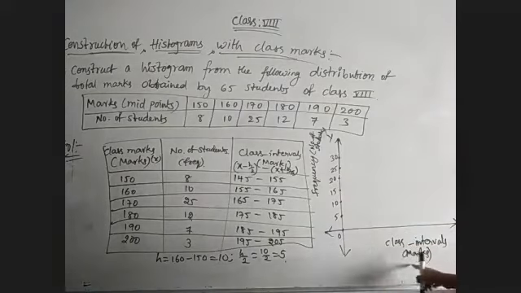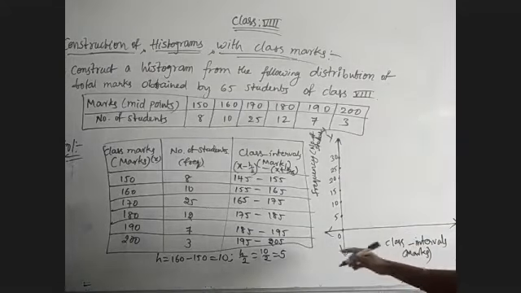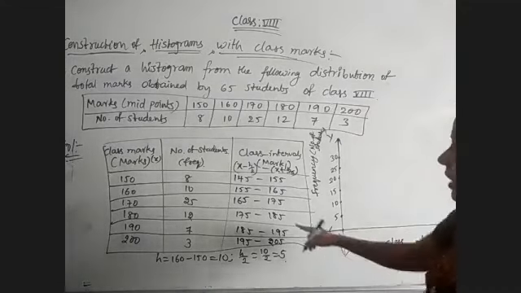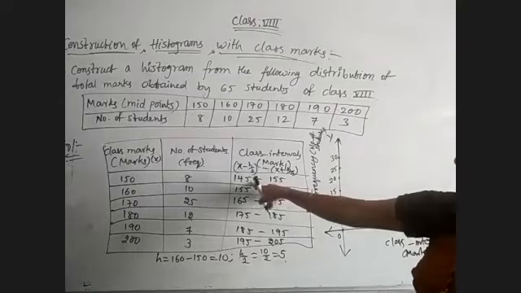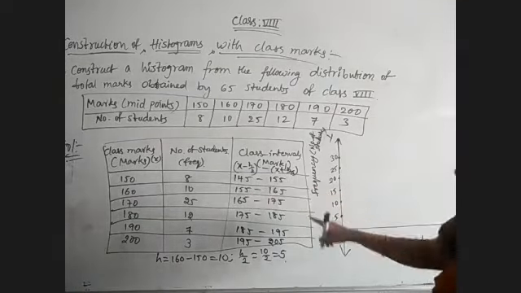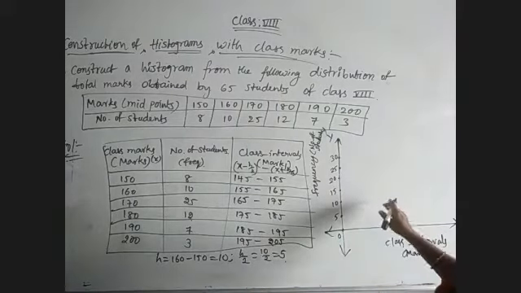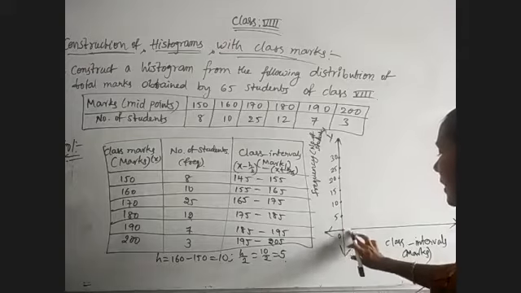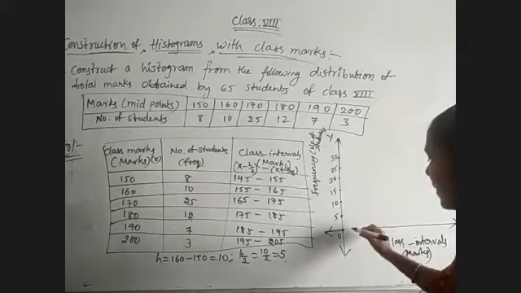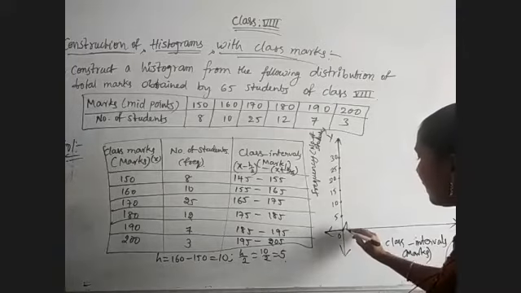And coming to class intervals, the starting class interval is 145 to 155, which means between 0 and 145 there are so many class intervals. So this is not the starting one. For that sake, I am using a break like this, meaning after so many values we are taking.